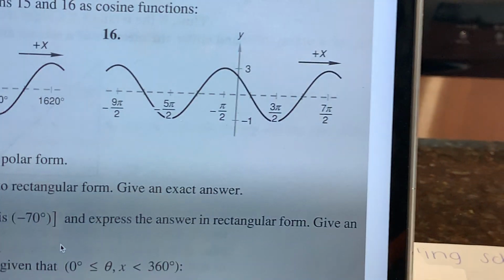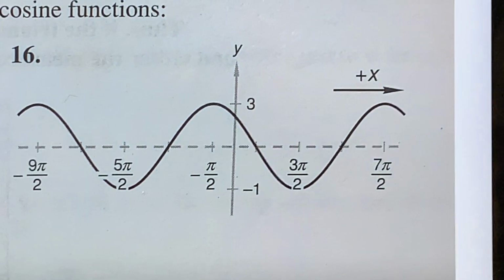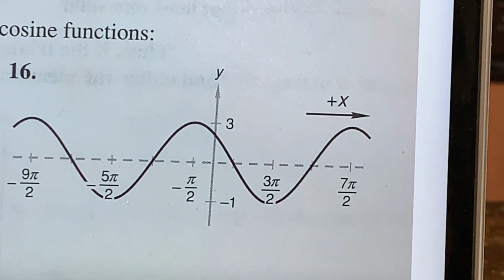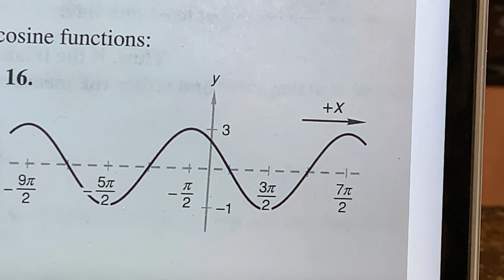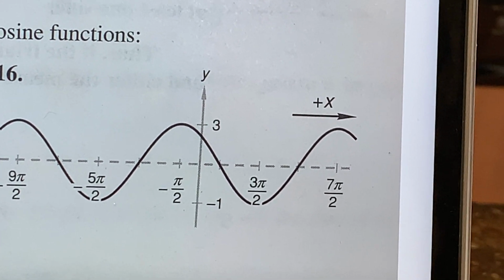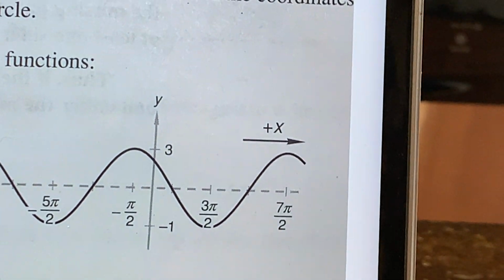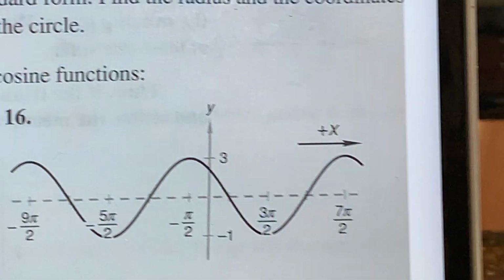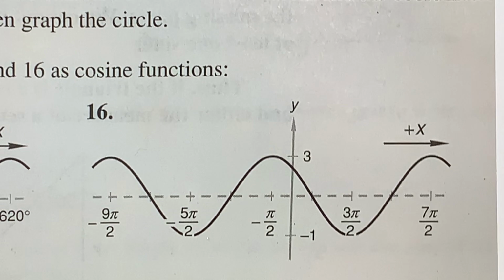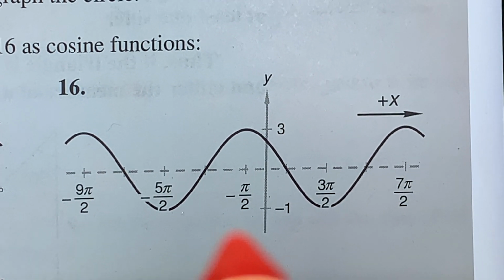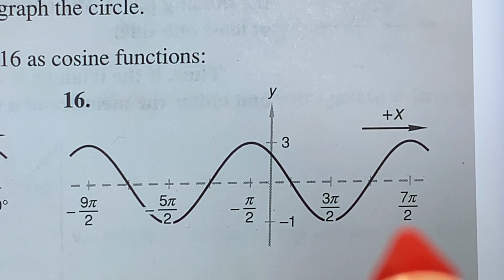Okay, so now let's look at number 16. So my top and my bottom point are 3 and -1. So it's going to be 3 plus -1 divided by 2. Then for B, it's going to be 3 minus whatever I get for A. My period length on this one, notice how it starts at -pi/2 and then ends at 7 pi/2.